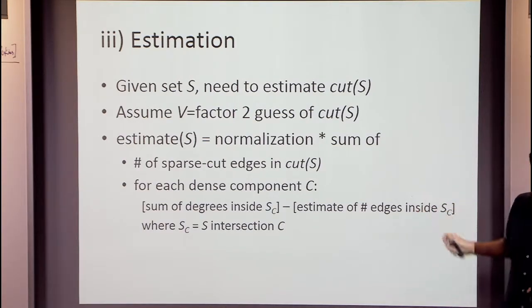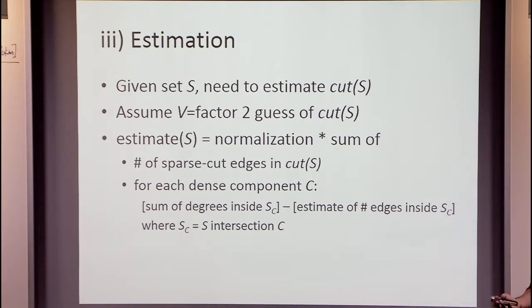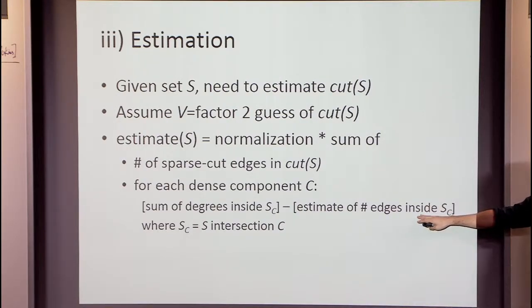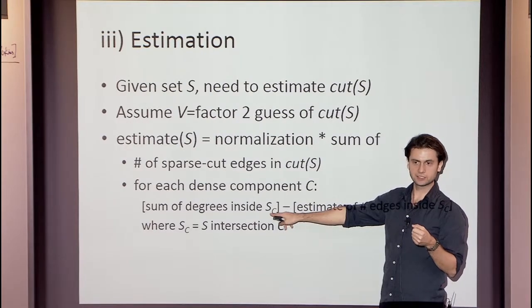So for each dense component, what happens is that normally, if your sketch is actually a graph, you have a cut, you'll just count the number of edges crossing the cut. What we are saying here is that there is a different estimate which will give you this. Namely, you count the sum of the degrees inside one side of the set, and then you subtract the estimate of the number of edges inside this set. Note that this, in some sense, is a deterministic quantity, right?